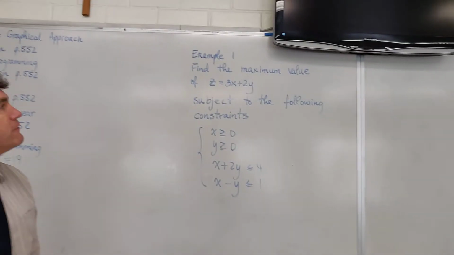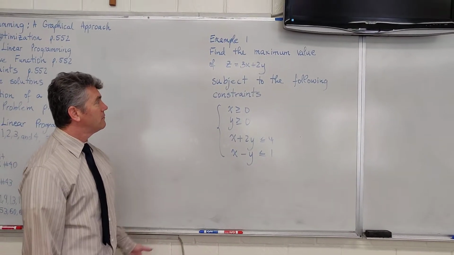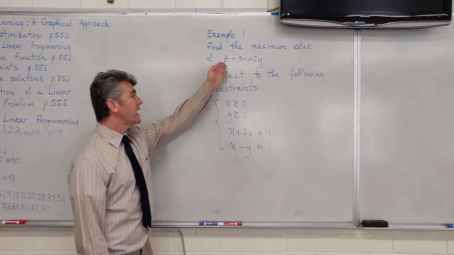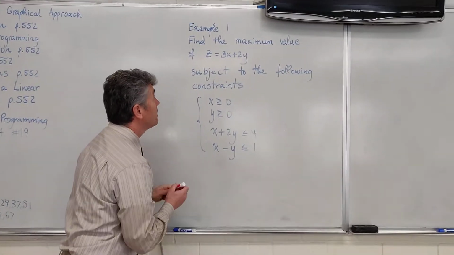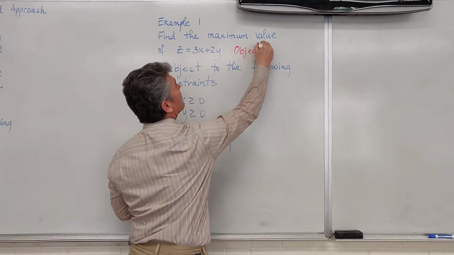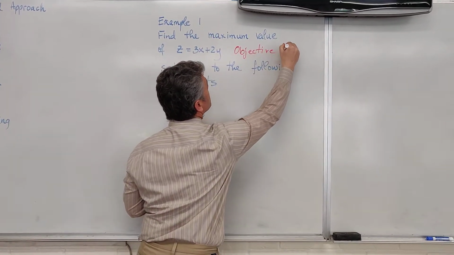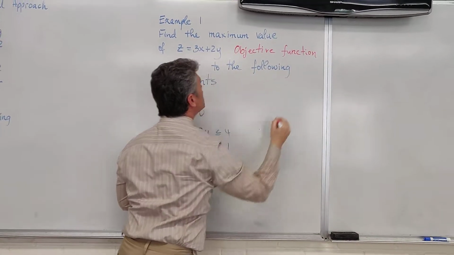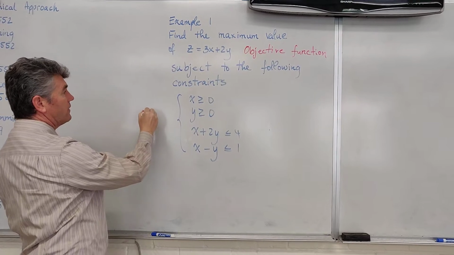Example 1 has been written for you on the board. We are asked to find the maximum value. We are given the objective function, so this is the objective function. Objective function is given to you, and the constraints are also given to you.